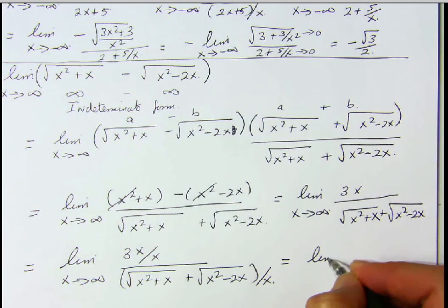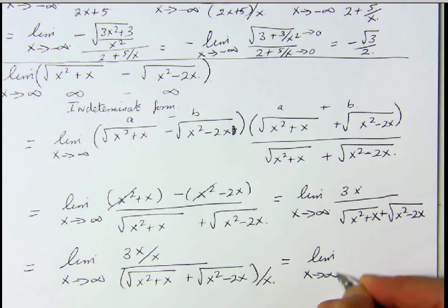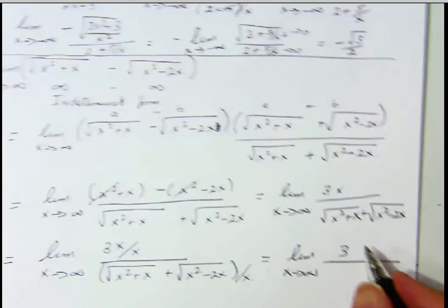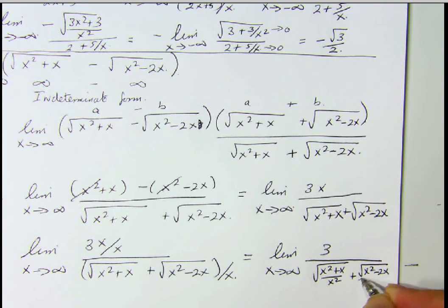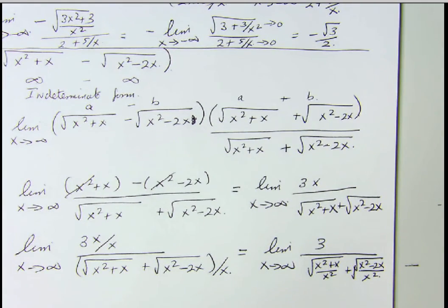So this is the limit as x approaches infinity of 3 over the square root of x squared plus x over x squared, plus the square root of x squared minus 2x over x squared. And that's simply writing x here as the square root of x squared, and then separating this into two fractions and bringing the square root of x squared under the square root sign.